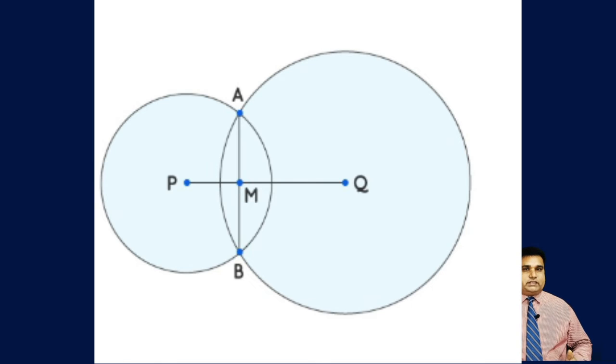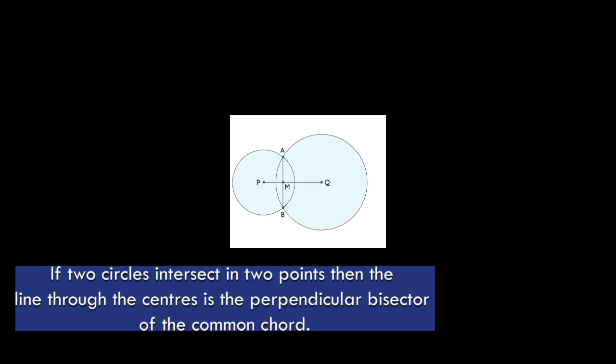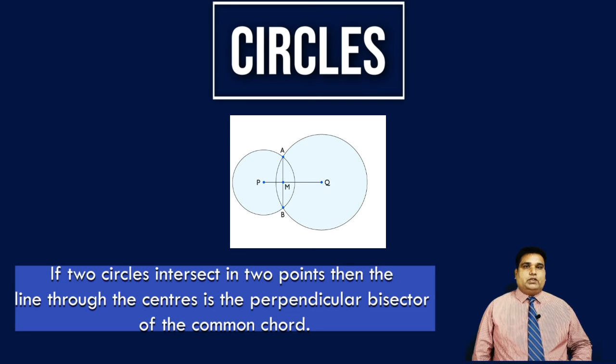Here we can see AM will be equal to BM, and angle AMQ will also be equal to angle BMQ, and the angle will be 90 degrees. So this is again an important concept. When two circles intersect each other, the perpendicular bisector from the center will always divide the chord into two equal parts. So AM will be equal to BM.